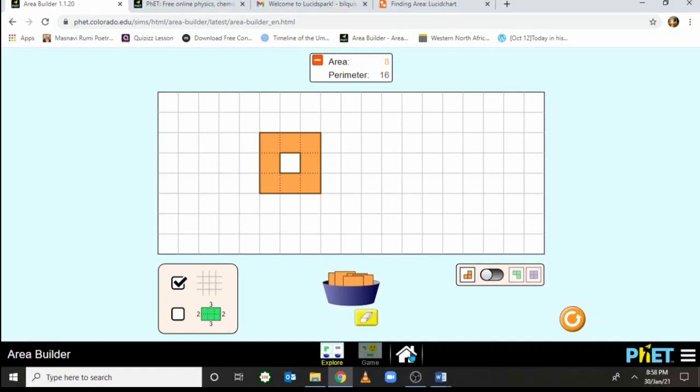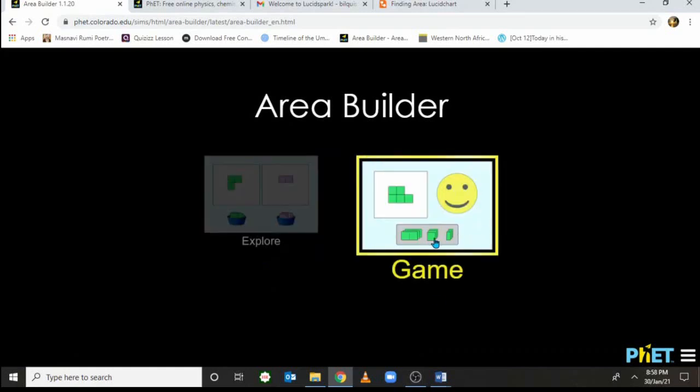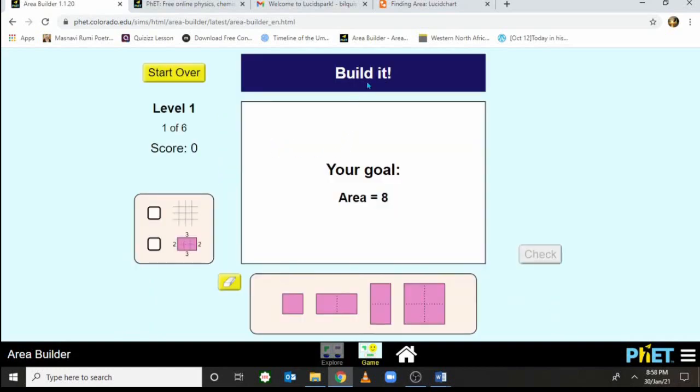Now it's your turn. Once students have explored, you can ask them to play the game. In this game, the students can play on different levels, according to the difficulty level, from 1 to 6.